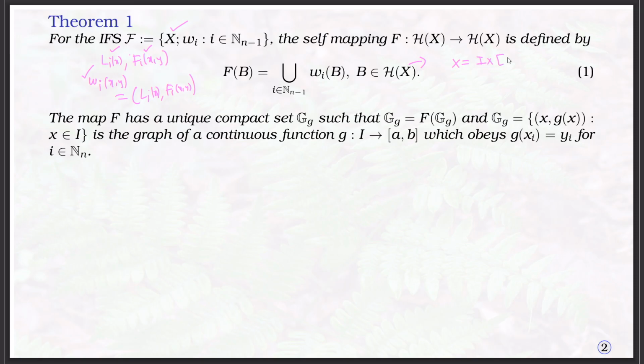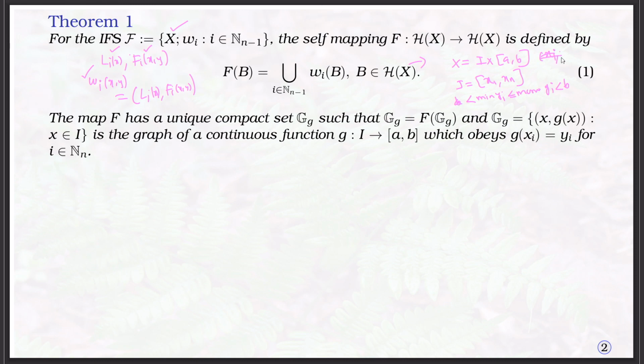where X is I cross the closed interval a, b, where I is the interval x1 to xn, and a is the minimum of the yi and b is the maximum of the yi.